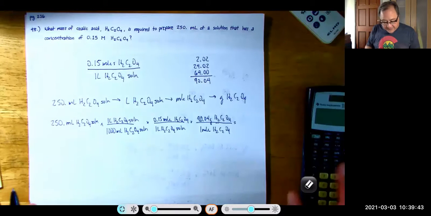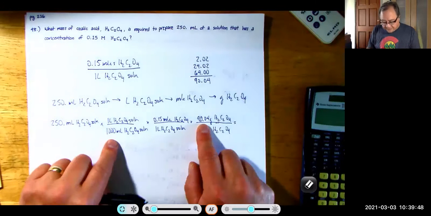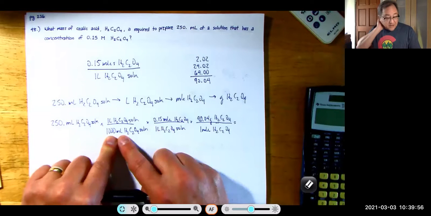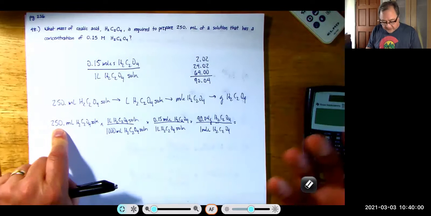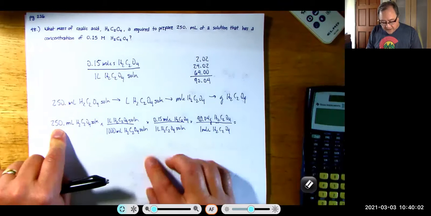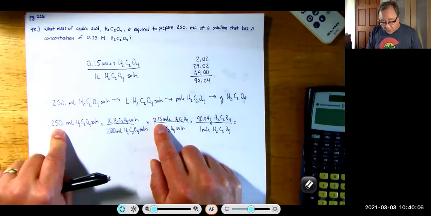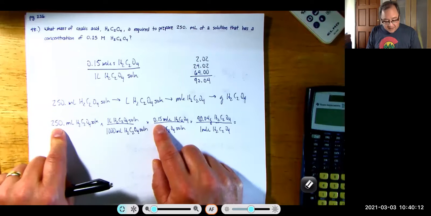Okay, now I'm going to estimate my answer. 90 goes into 1,000 about 11 times. 11 goes into 250 about 25 times, but maybe like 24 or 23. 23 times 0.15 is going to be something like this. 25 times 0.1 is 2.5. 25 times 0.2 is 5.